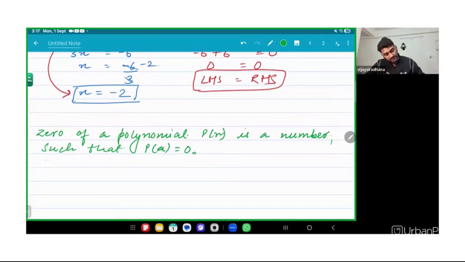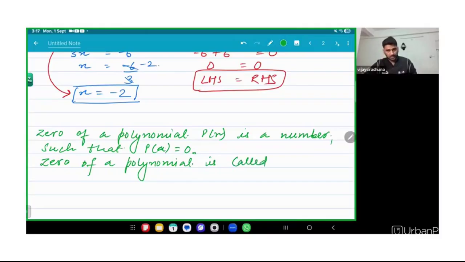So the zero of a polynomial is also called the root of the polynomial.